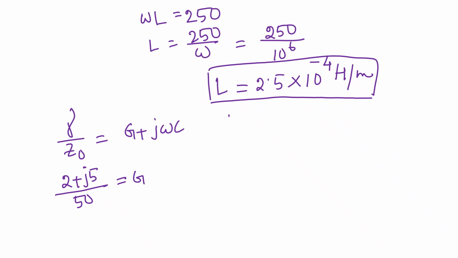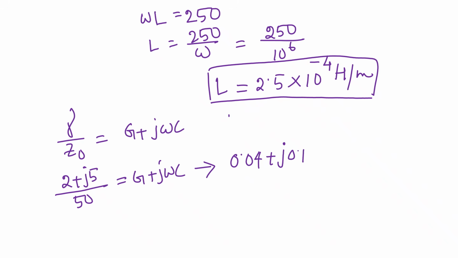So this equals G plus j omega C. Now if we divide, 2 by 50 gives 0.04, plus j, and 5 by 50 gives 0.1.